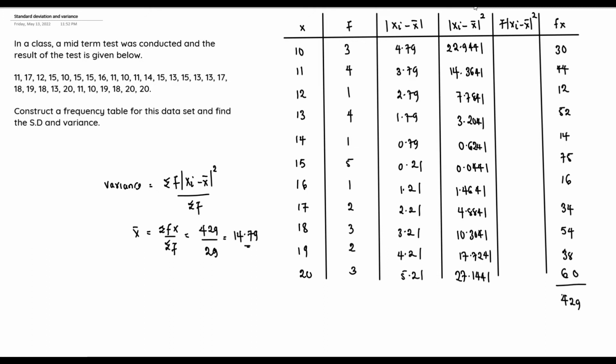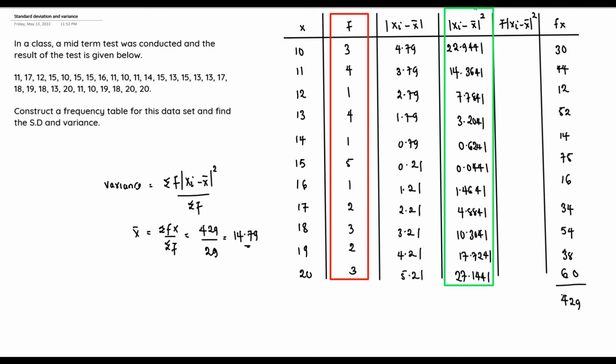So the next step is for us to multiply the frequency of individual variables with the square of the modulus of deviations. That is 3 times 22.9441, and we have our answer to be 68.8323.